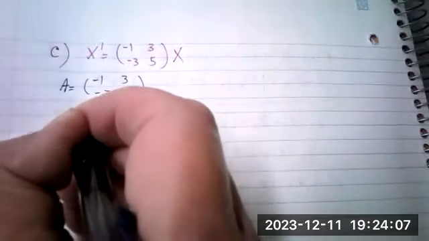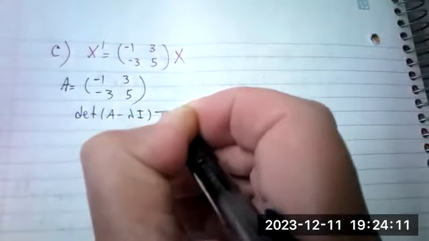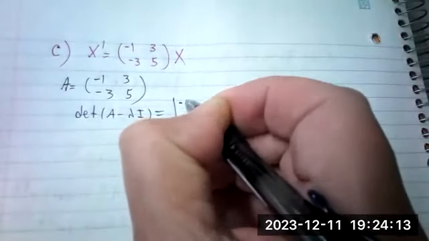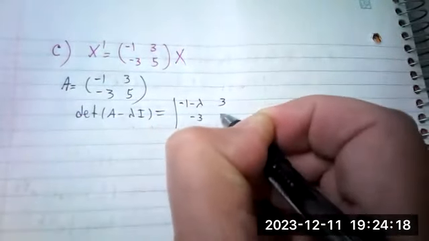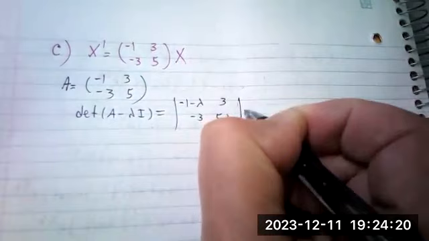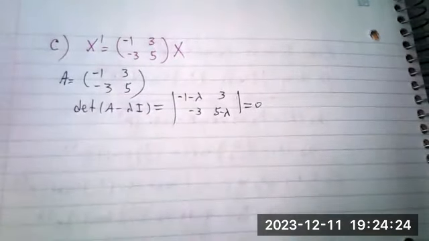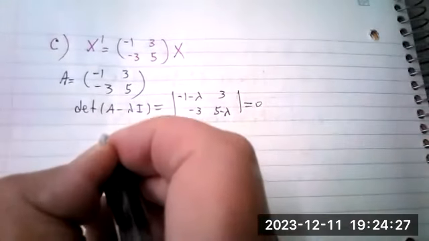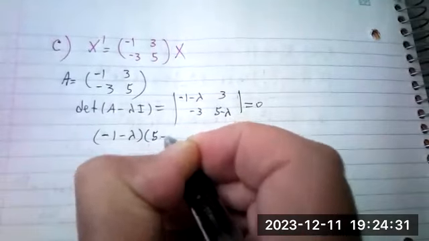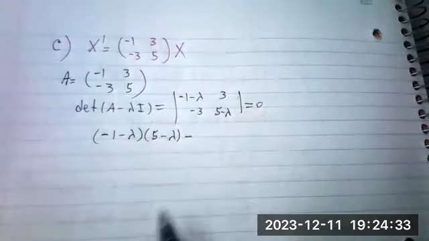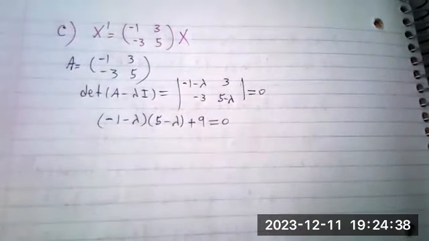Form the determinant of A minus lambda I, which is negative 1 minus lambda, 3, negative 3, 5 minus lambda. This determinant must be 0. Cross multiply: negative 1 minus lambda times 5 minus lambda, minus negative 9, which makes it positive, equal to 0.